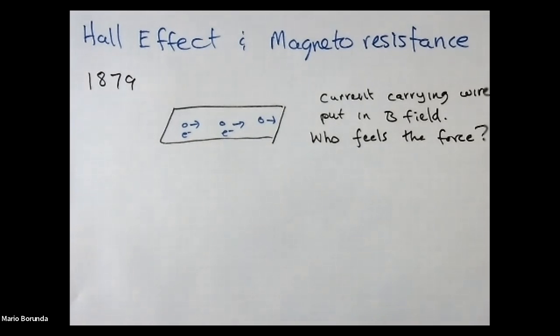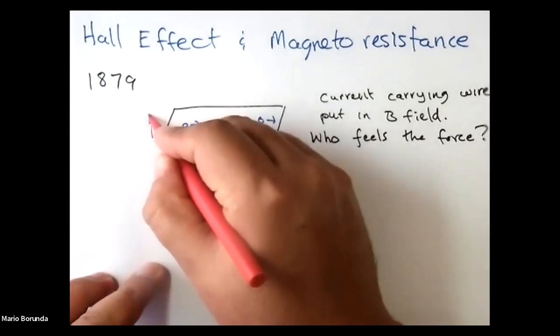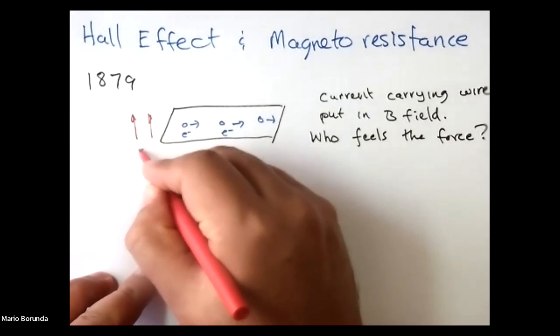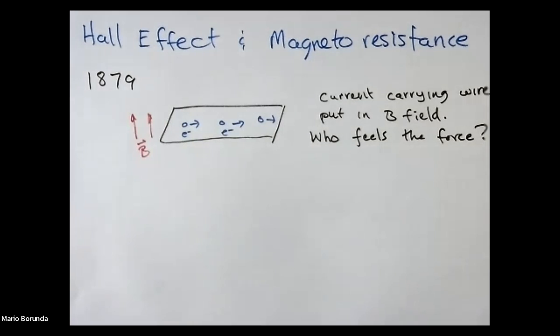And he was trying to measure the resistance change as he was applying magnetic field. Why? Because if you have a magnetic field, right? So let's say that there's a magnetic field going in this direction. What would happen to the charges? They're moving in that direction, right? And then there's a magnetic field up.